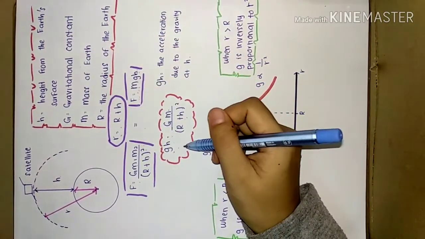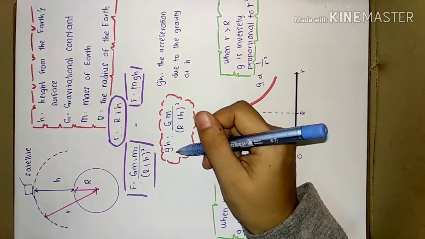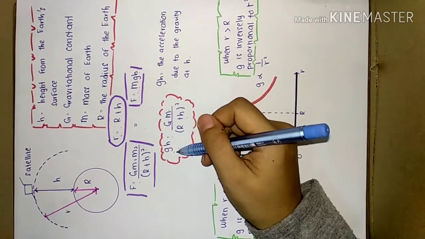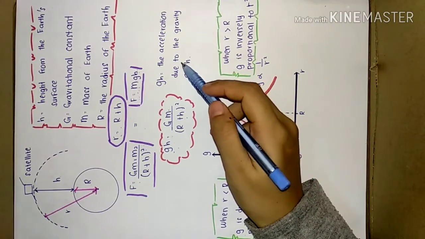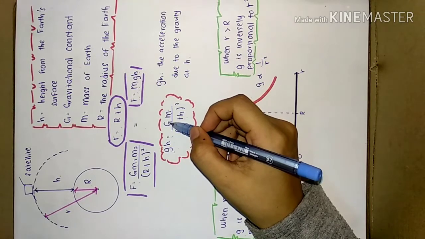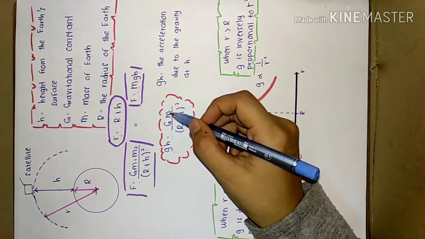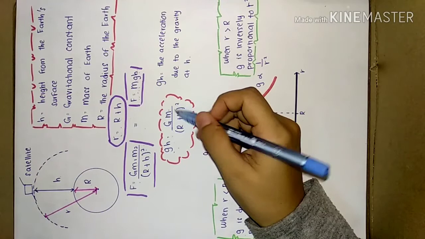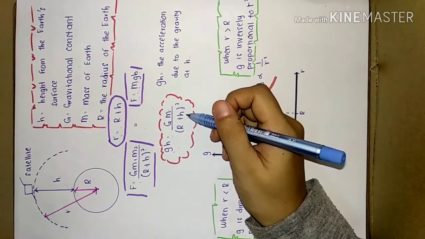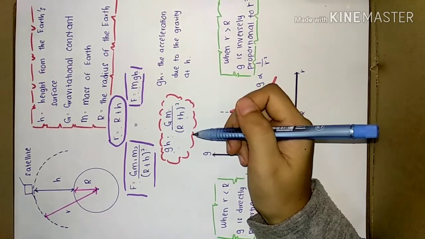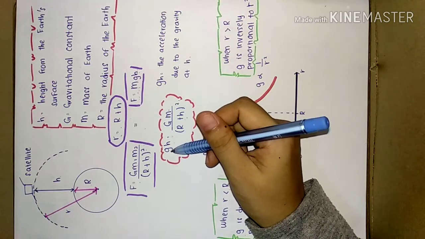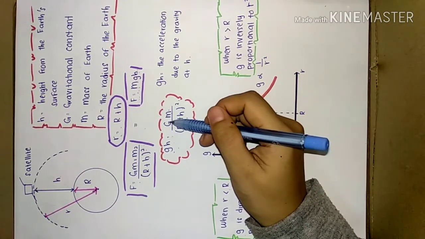The relationship is g h, the acceleration due to gravity at height h, equals G, the gravitational constant, multiplied by the mass of Earth over r squared, where r is the distance of the satellite from the center of Earth. This is the relationship between the acceleration due to gravity at h and the gravitational constant.